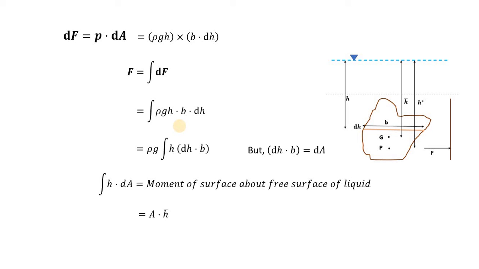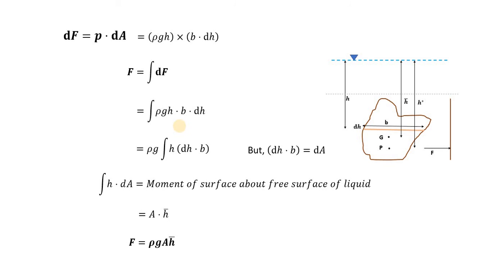It has certain extended meaning, and it's A into h bar. h bar is the distance from the free surface to center of gravity. So that's how we derive the equation for the total pressure F equals rho into g into A into h bar. Remember, A is the surface area, h bar is the distance from the free surface to center of gravity.